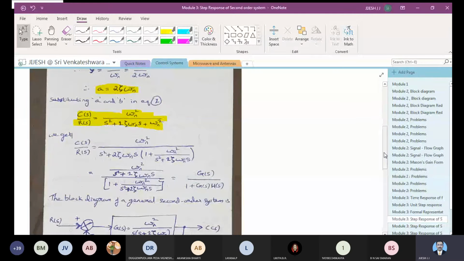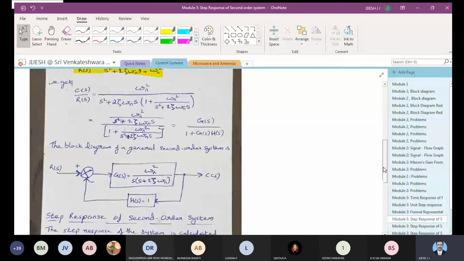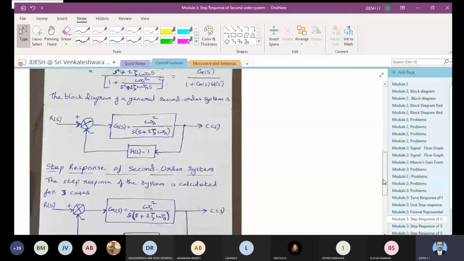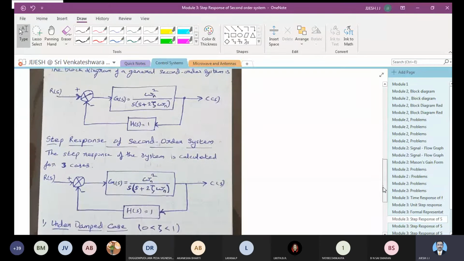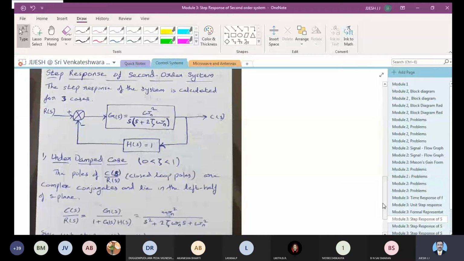So you are going to use the same block which you studied in the representation of second order system and continue further. Here you are going to see underdamped, undamped, all those kind of cases, when zeta is less than 0, zeta is equal to 0, greater than 0, all those conditions we are going to see here. So all of you can just note down this step response of second order system.